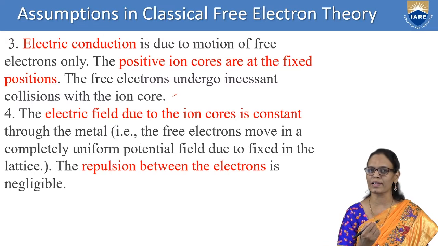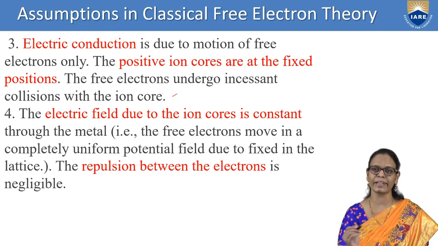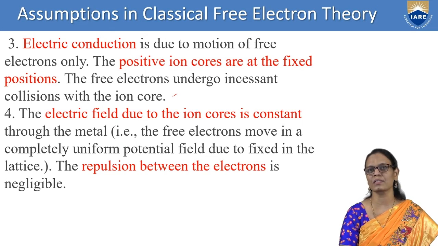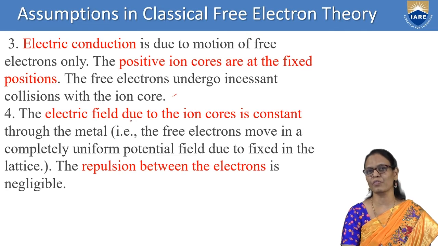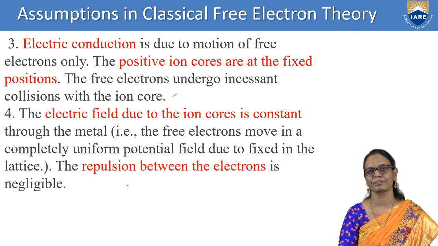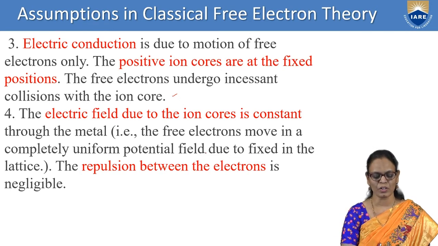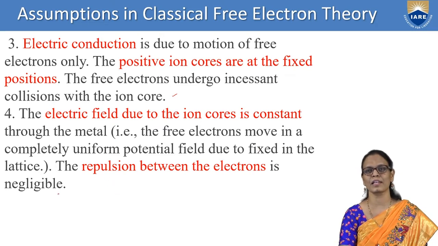What we are trying to understand now is what it was before the theory we understand now. How did it develop? So what was considered is only the electrons are moving and the positive ion cores are in their fixed position. And the electric field due to the ion cores is constant throughout the metal. That means the free electrons move in a completely uniform potential field due to the fixed positive ion cores in the lattice, and the repulsion between the electrons is negligible.